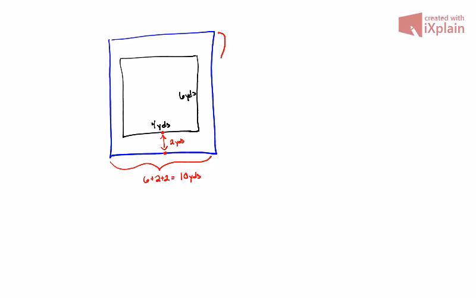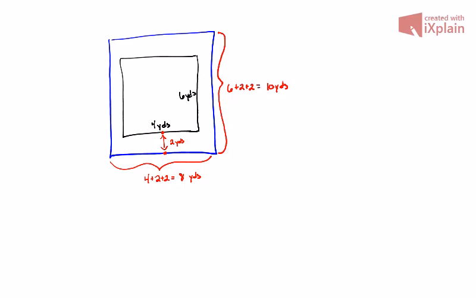Oops, sorry. Let me clean that up so that it makes more sense. So the length here is going to be 4 yards plus 2 yards plus 2 yards, or in other words, 8 yards. And then this is going to be the 6 yards plus 2 yards plus 2 yards, which is going to be equal to 10 yards.